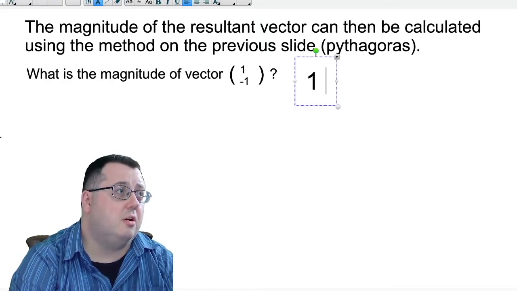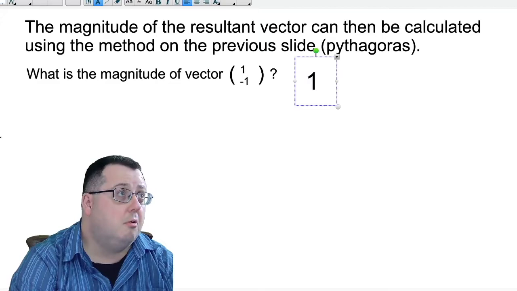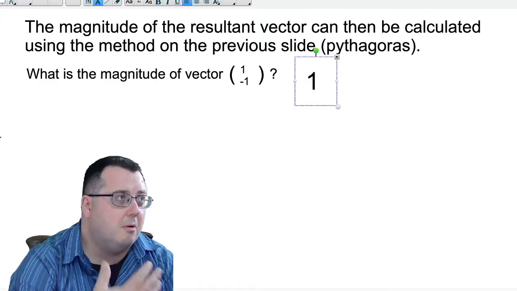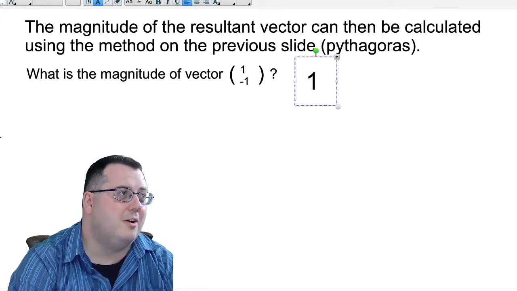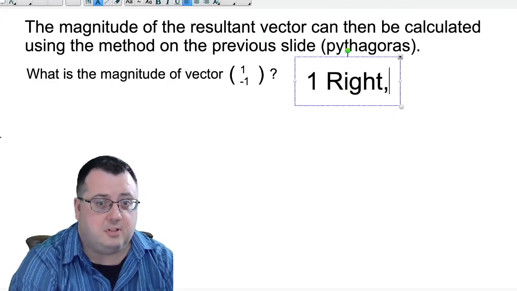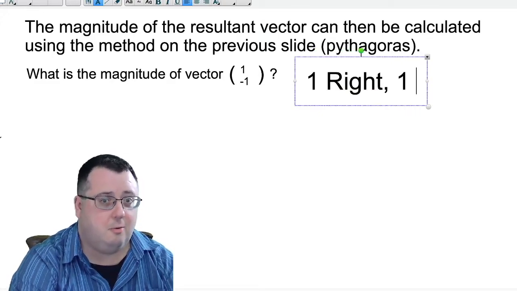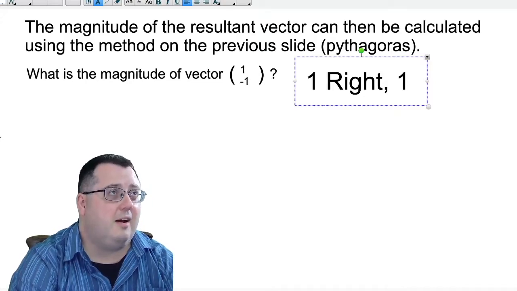The top number was horizontal movement. So it would be 1 to the right. Good. And the bottom number would be 1 to the left. No, I mean, down.